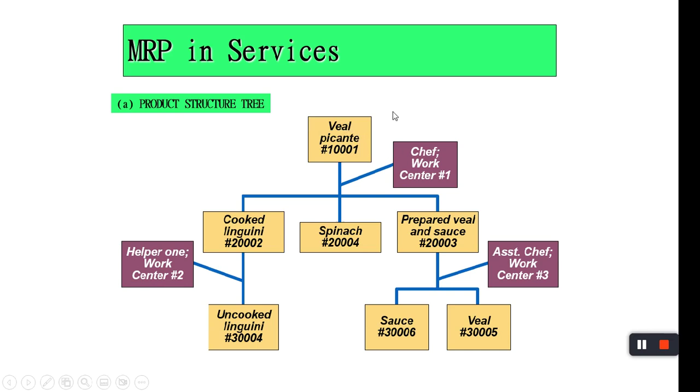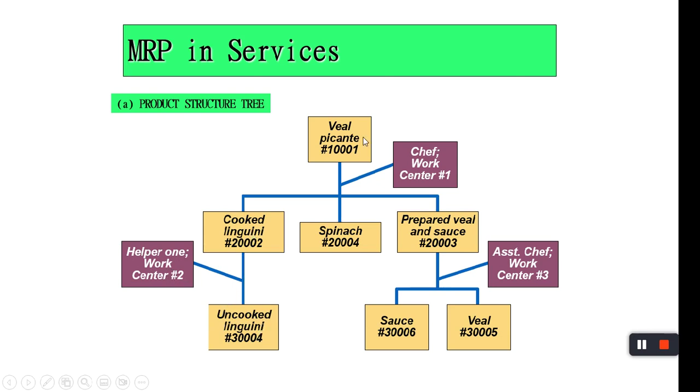So, in order for the restaurant to produce this food that the customer has ordered, we have to follow these steps. Now, from the uncooked linguine, it has to be cooked, and the helper number one should cook this one in work center number two.